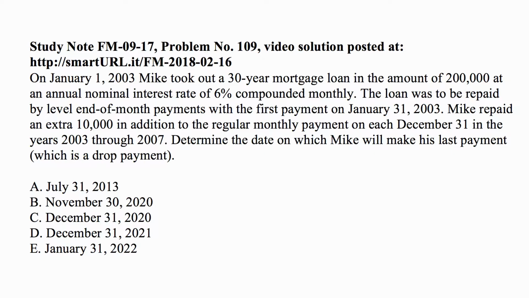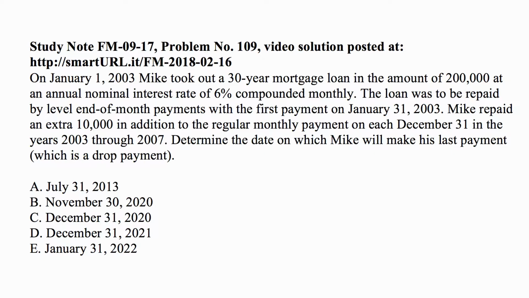What will happen here is that because he made 5 additional $10,000 payments, this will shorten the term of the loan. This will pay off principal that would have been normally paid in the later payments, and of course this will reduce the principal balance, so his payments will have less interest and more principal each time after he makes the additional payments.